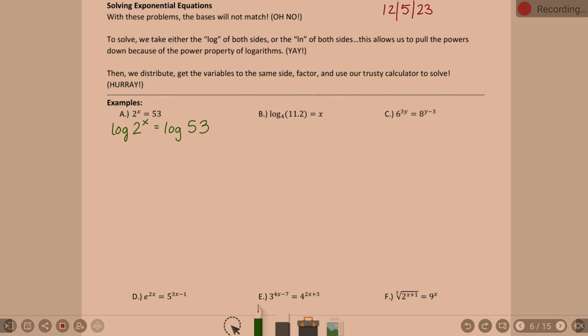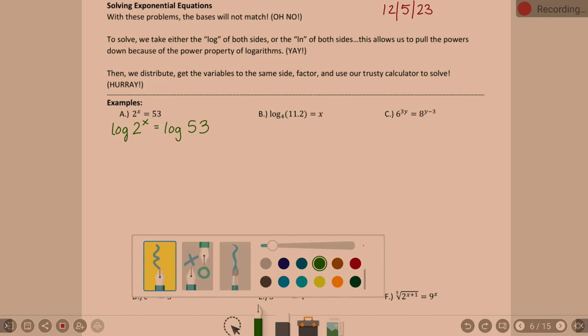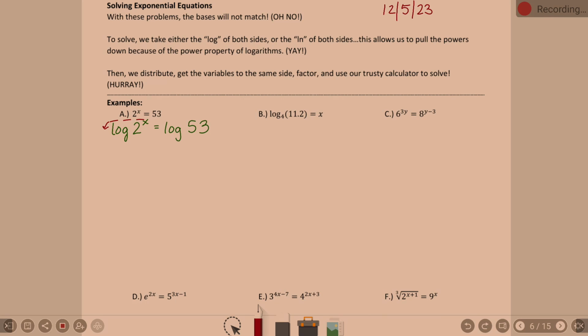What can we do with x currently? Put it out front. Our power property allows us to take an exponent and move it out front of the log as a coefficient. So that means I can write this as x log of 2 equals log of 53.